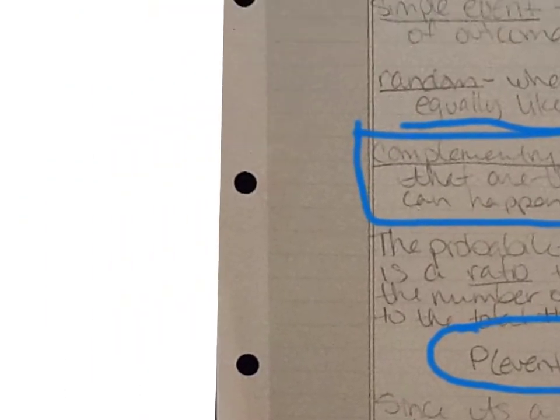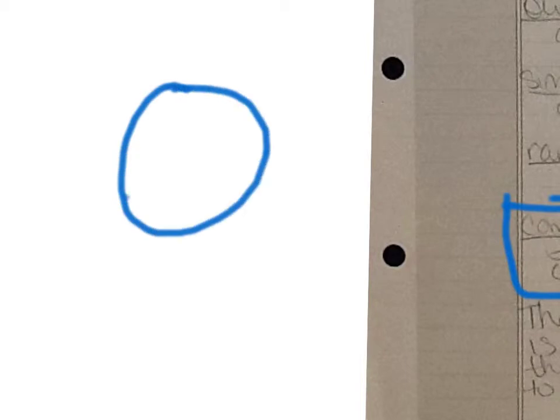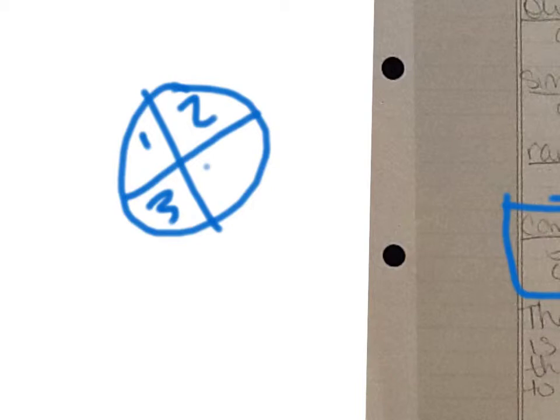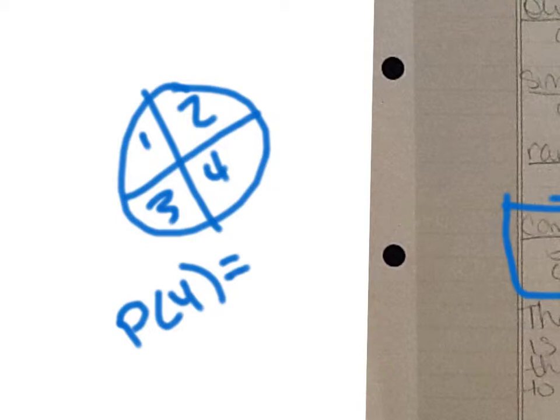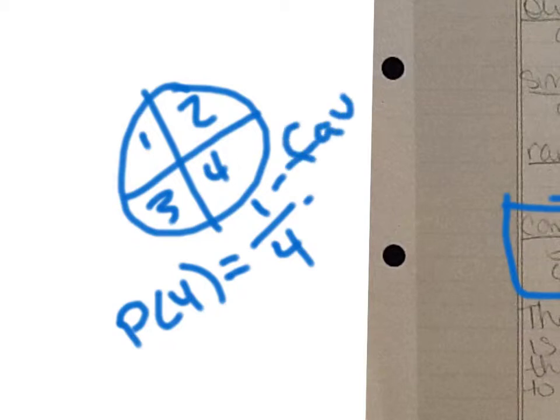Just like we were talking about with the spinner example, if we want to know the probability of landing on a 4, the favorable event is landing on a 4, and so there's only one possible outcome of a 4, and there are a total of 4 outcomes there. So this is the favorable over possible.